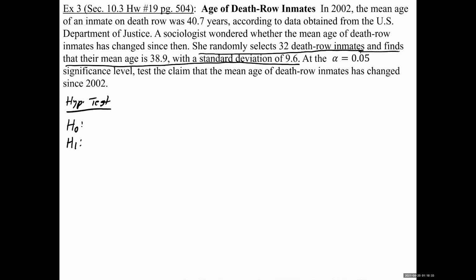I advise you to not look at that sentence at all until after you've figured out what the king and peasant's claims are. Because if you look at this part, you'll think it's a mean problem. It'll turn out you're right. If you look at this part, you might think it's a standard deviation problem. It'll turn out you're wrong. So my advice to you is don't even look at the sample sentence until after you've decided what the argument is that the king and peasant are having.